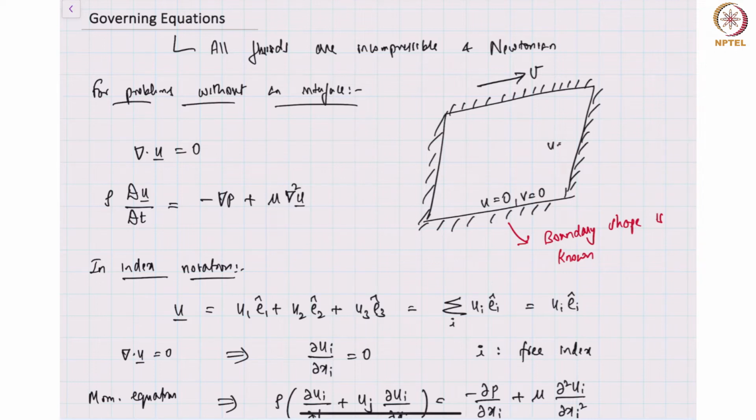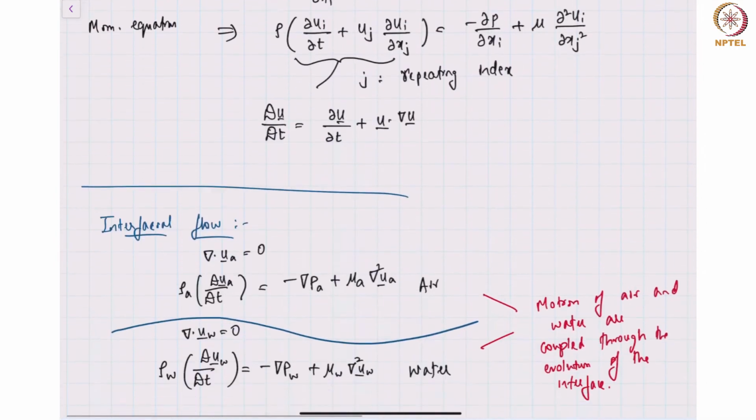That is true of all the boundaries. This is the kind of typical problem that one would solve where the boundaries are prescribed. Of course, this is not the only example. There are several other examples. It could be flow over an object. It could be flow over a flat plate and a boundary layer flow, and so on. But you're not trying to determine the shape of the boundary.